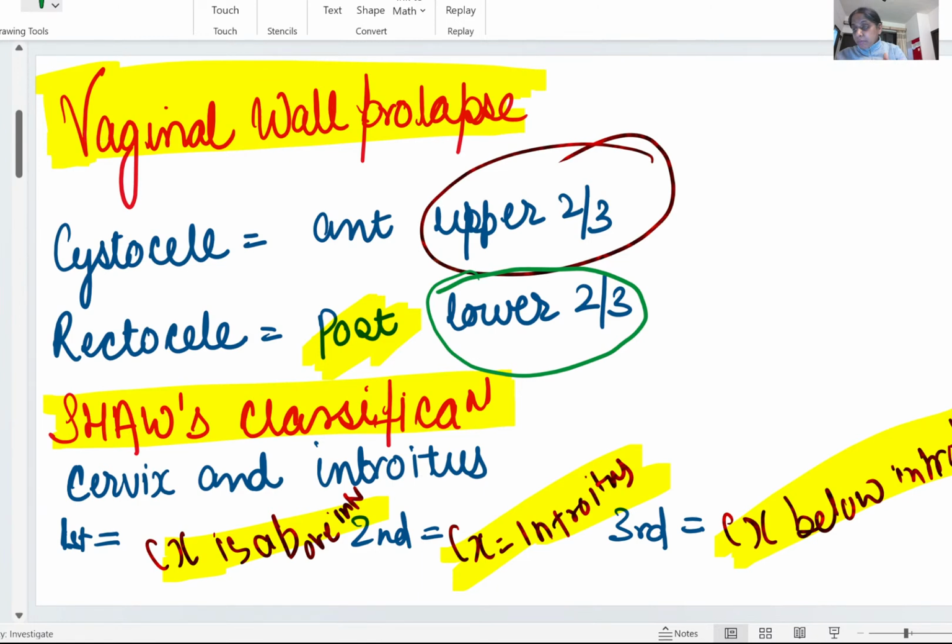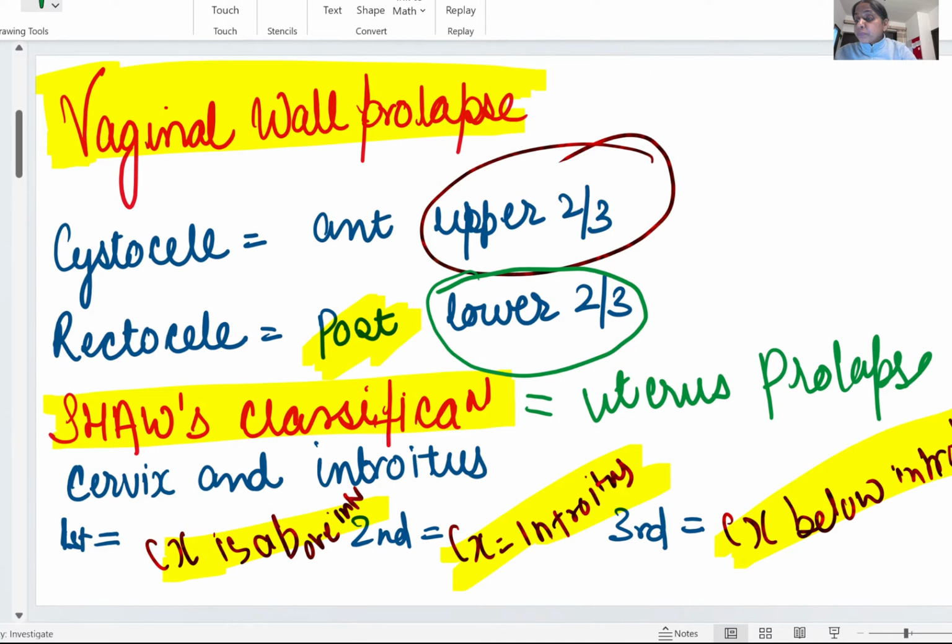Shaw's has given a classification for uterine prolapse. We know that in prolapse, the uterus comes down. So we have to see where the cervix is in relation to the introitus.